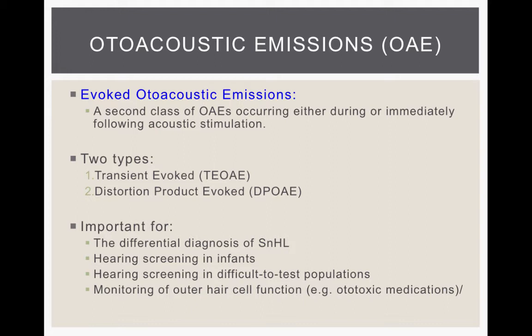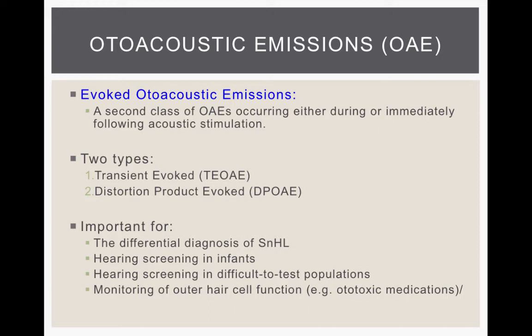So evoked otoacoustic emissions are really important for the differential diagnosis of sensorineural hearing loss. Evoked OAEs help me figure out if the sensorineural problem is in the cochlea or the auditory nerve, because evoked OAEs test the health of the cochlea. They're really great for hearing screenings in infants.